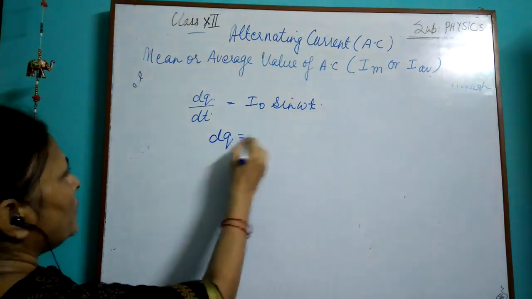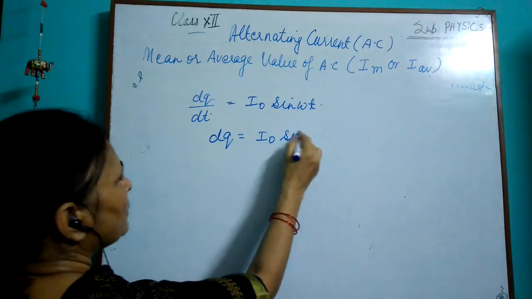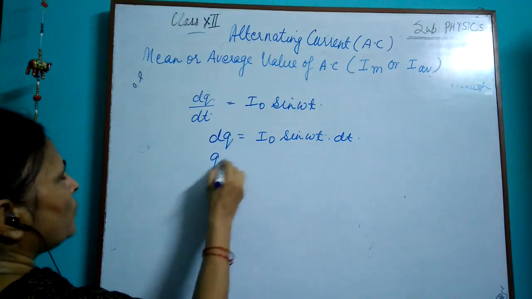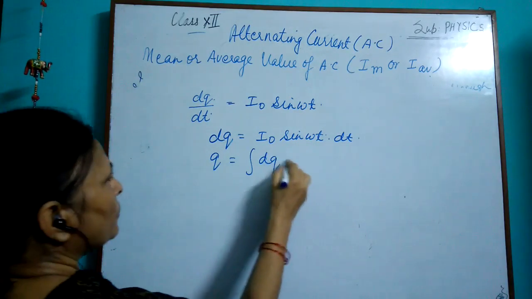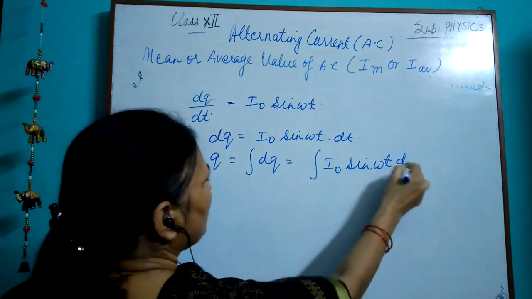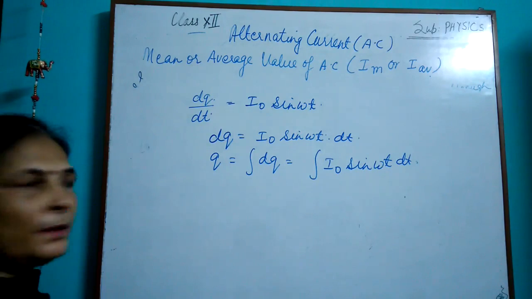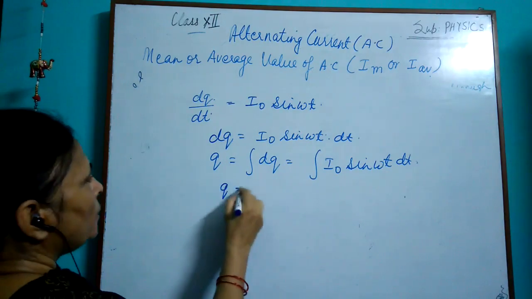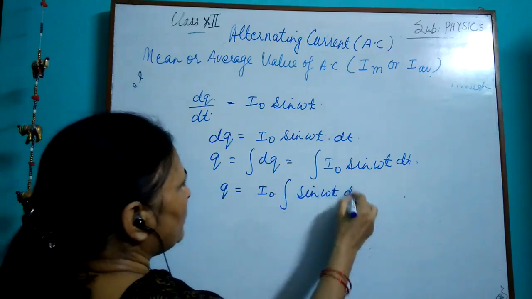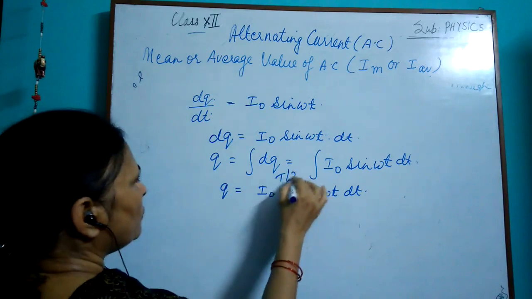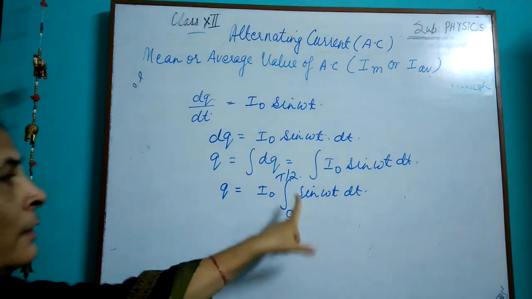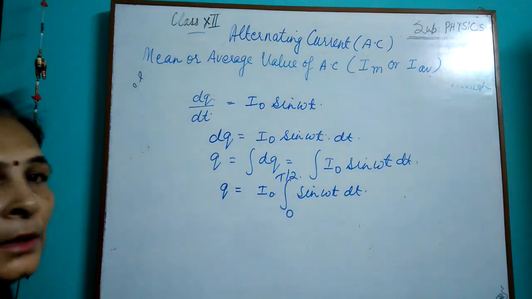So dQ can now be written as I naught sine omega T dt, and now Q can be calculated by integration of dQ, integration of I naught sine omega T dt, 0 to T by 2.